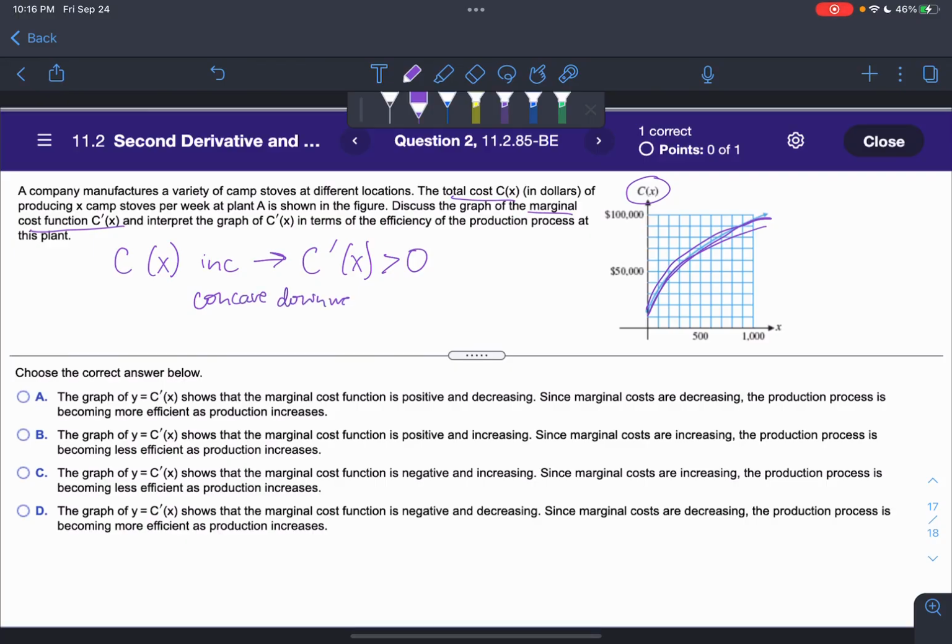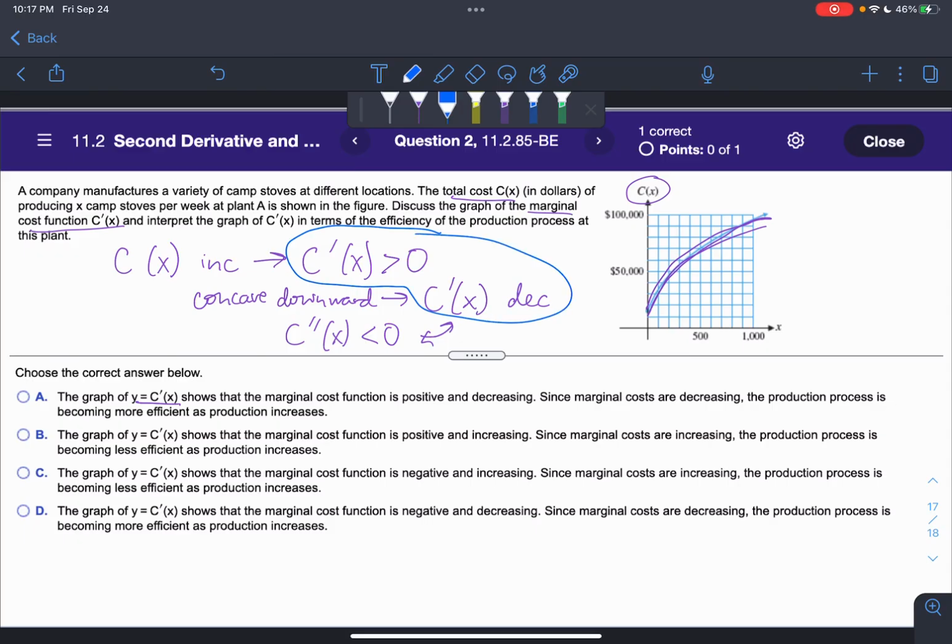So this means that my C prime of x is decreasing, because concave down means C double prime of x is negative, and these two mean the same. So in terms of C prime, we want these two characteristics. The only one that has them, since they're just different combinations of positive, negative, increasing, decreasing, is actually A. And that's how we answer this question.